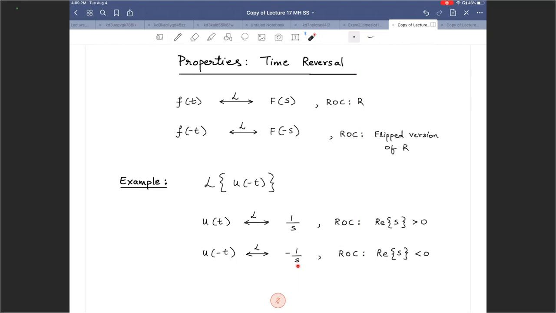So all the s's will need to be replaced by minus s, giving you the result minus 1 over s. And the region of convergence for this is going to be flipped version of the earlier region of convergence. So now the region of convergence is going to be real part of s less than 0. So that would be all the left half of the s plane.